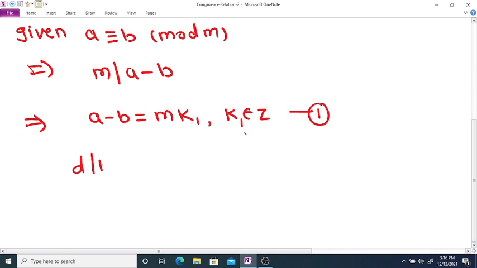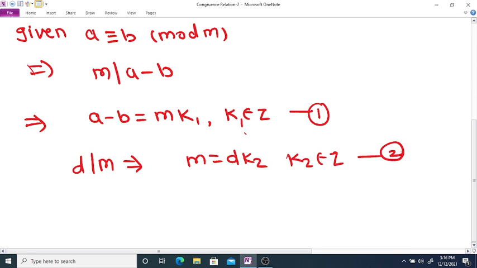Similarly, D divides m implies m is a multiple of D, so m is equal to D k2 for some integer k2 in Z. Say this is equation number 2.